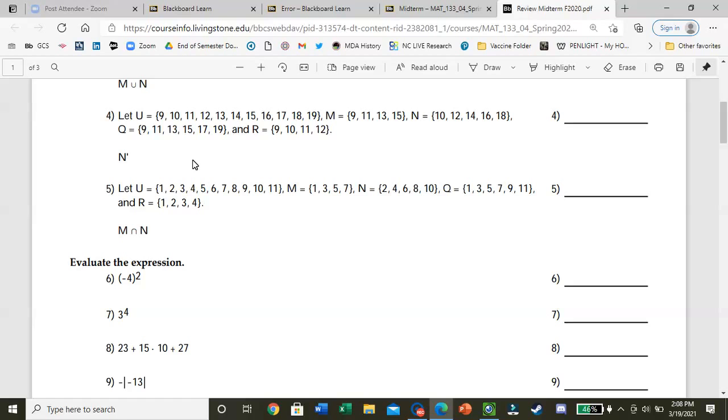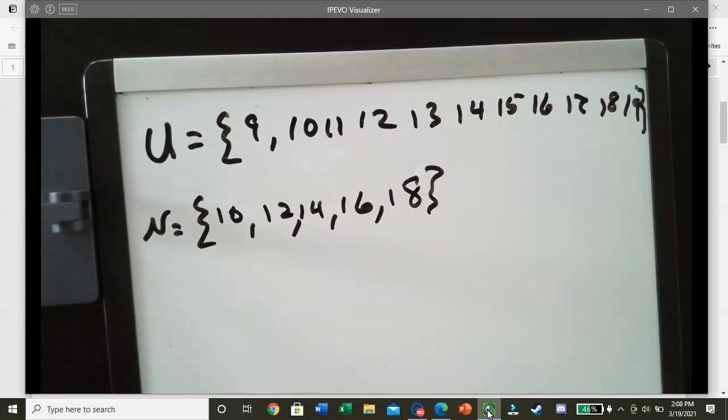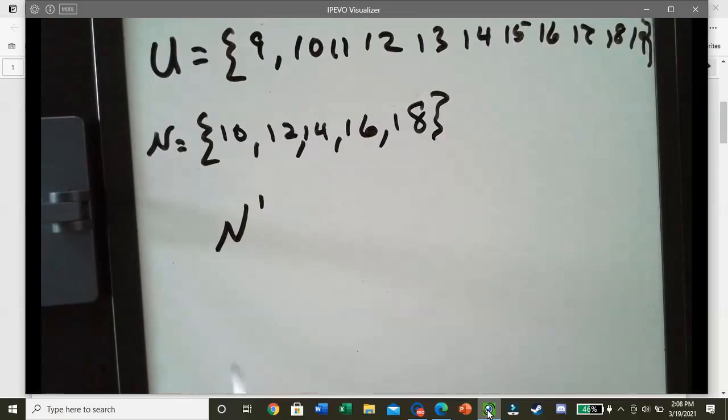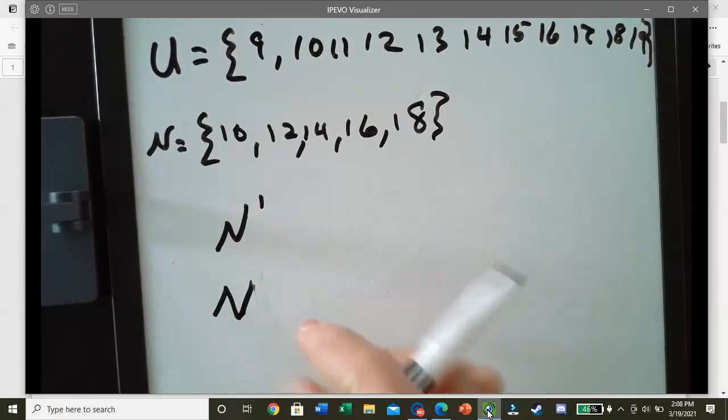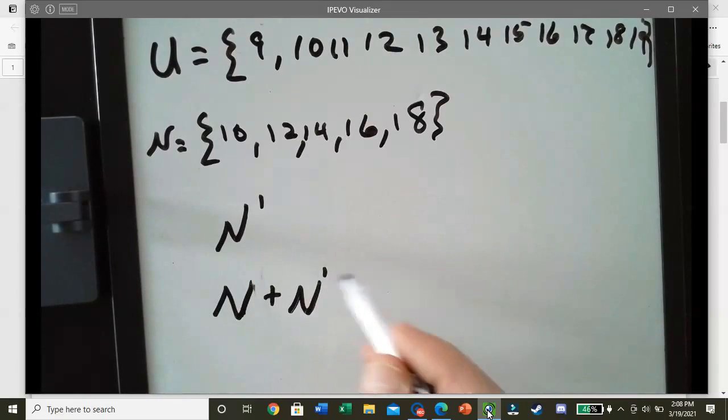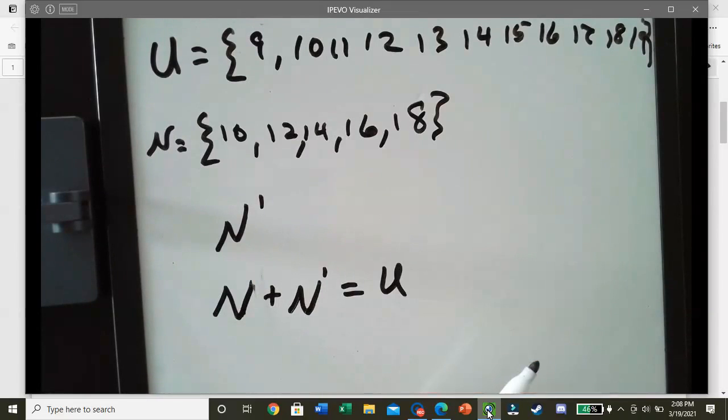Okay, and we want to find the complement of set n. The thing to remember here is that set n plus its complement equals the universal set.